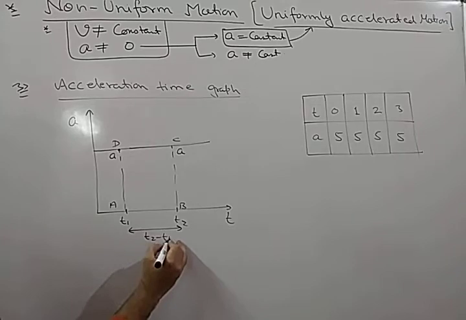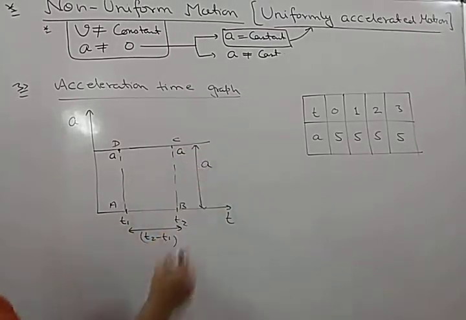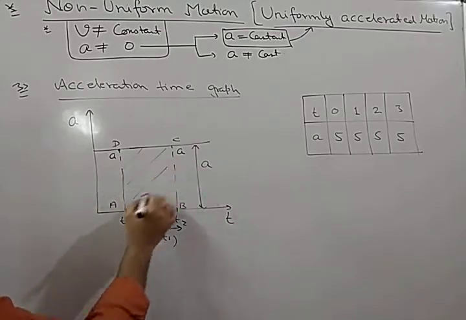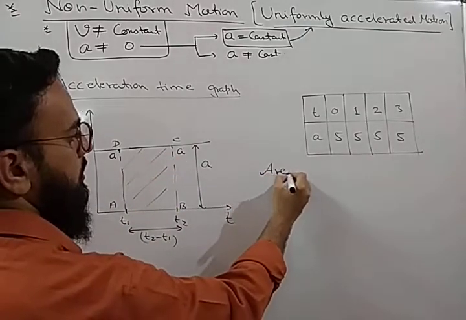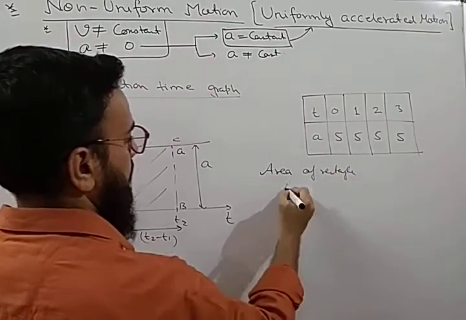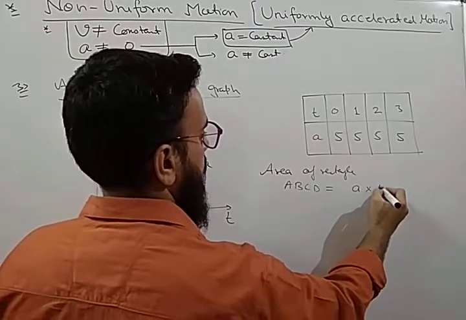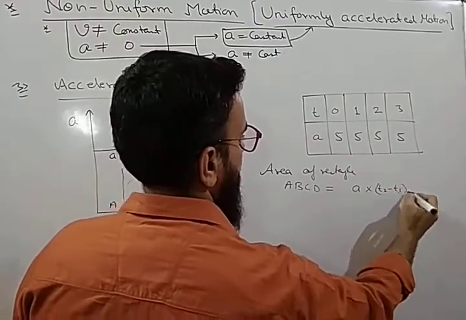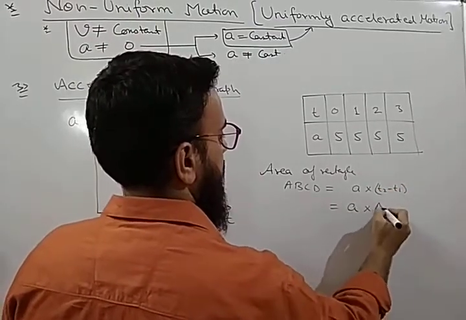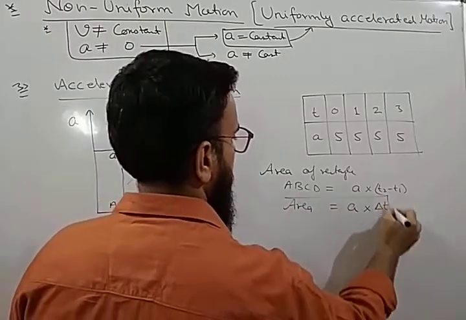It will be t2 minus t1. And what will be the value of BC? It will be equal to A. So if you find the area of rectangle ABCD, it will be equal to A into t2 minus t1, or we can write it as A into delta T. Okay, area is equal to A into delta T.